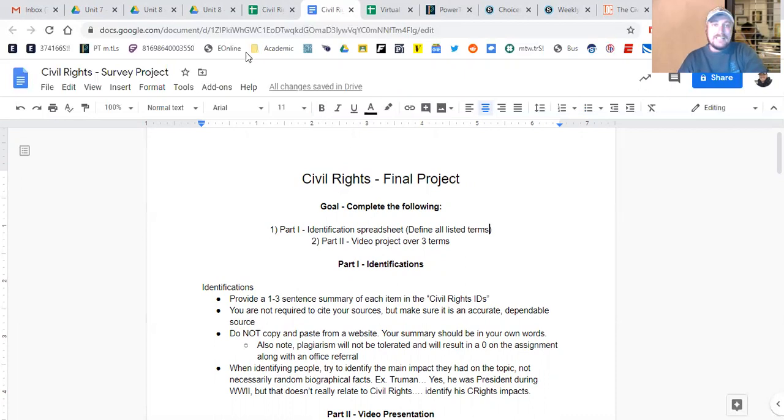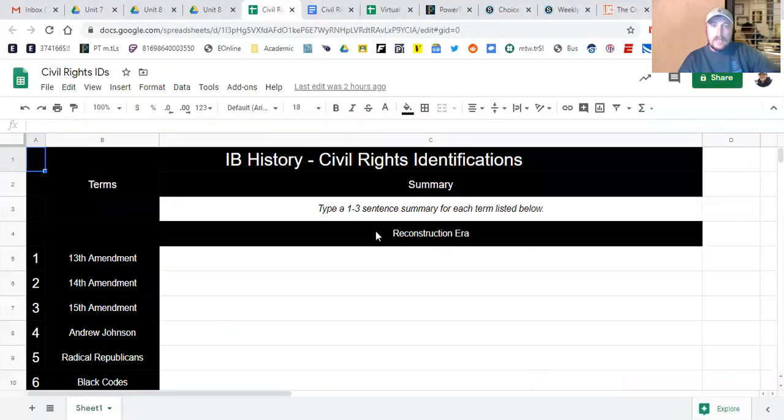First of all, the identifications spreadsheet. On this spreadsheet, you are going to get your own copy, and I expect you to fill it out entirely. These are just your IDs for the unit. I am not making you actually write them out on paper. I've been doing that because, again, guys, this is not the last time you'll see this stuff.